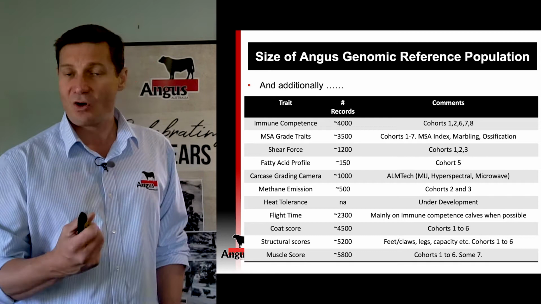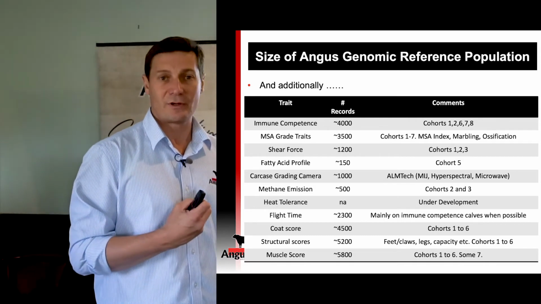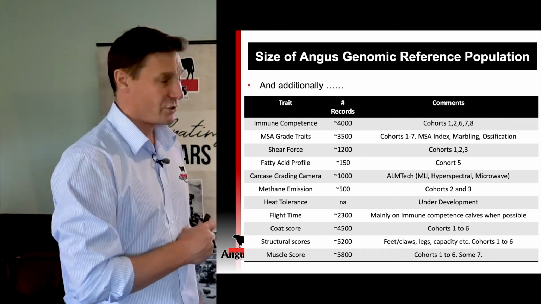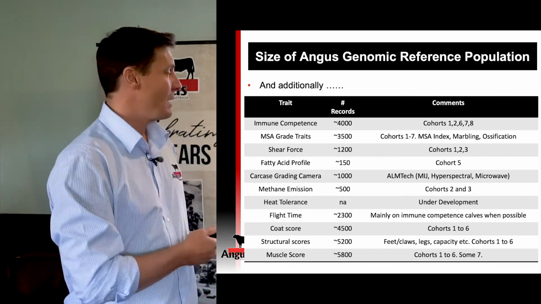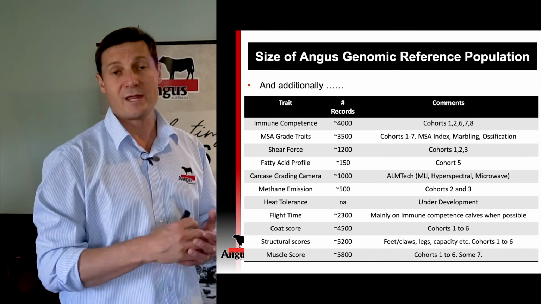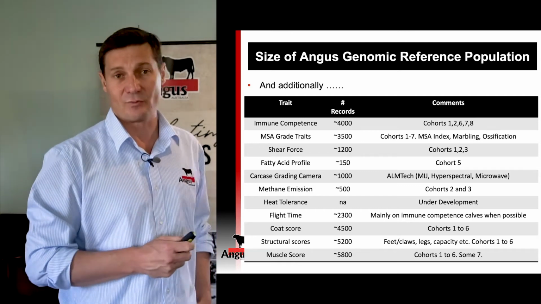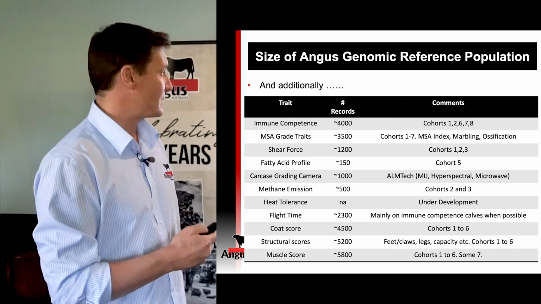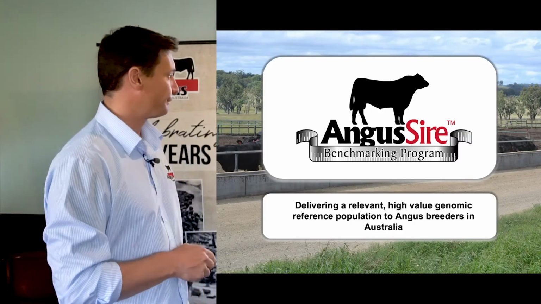In time, that's where we're going to get the major benefit as we build the genomic reference population for those traits. And you can see across some of those traits, we are starting to hit that target of 5,000 to 10,000 records, where we'll start to get really useful accuracy of prediction.